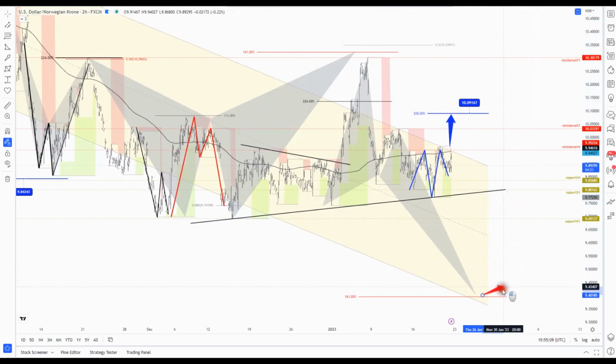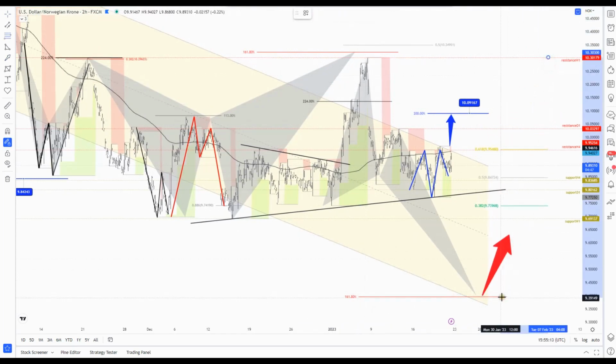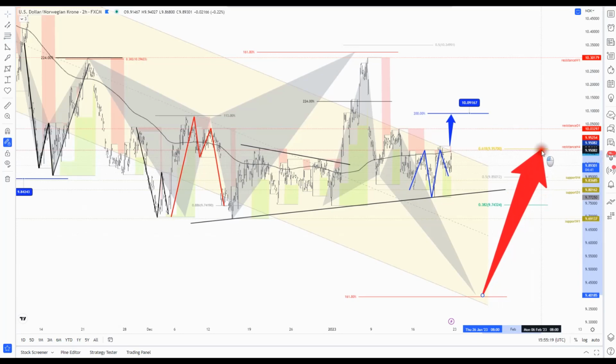I will target a specific price zone based on a specific Fibonacci retracement level. I will target the 38% fib. I will target the golden Fibonacci as a second target, but I will measure my risk and my reward based on my first target zone. So this is what I will trade. I don't trade based on false expectations.